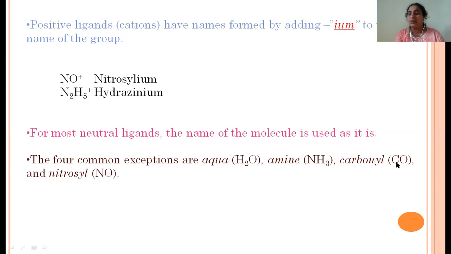This one we generally say carbon monoxide, but here we have to use carbonyl. Here it is nitrogen monoxide, but in IUPAC nomenclature in coordination chemistry, we have to use nitrosyl. So these are the few exceptions among the neutral ligands, but all the remaining neutral ligands are written as they are.